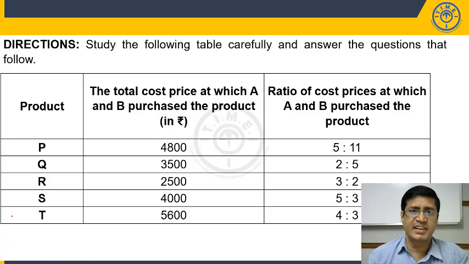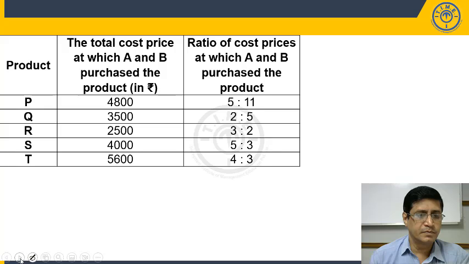Next is a set, a data interpretation based on the table. Cost of the articles A and B purchased. Here the total value is given for the products P, Q, R, S, T, and the ratio of the cost price of A and B is given. Now look at the first question.